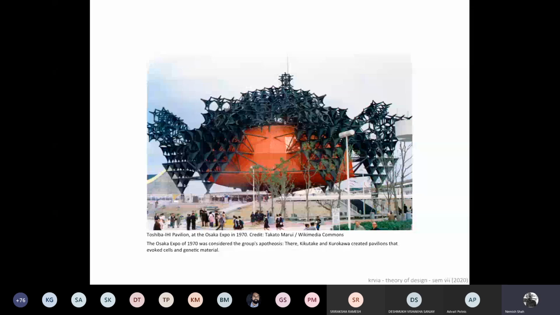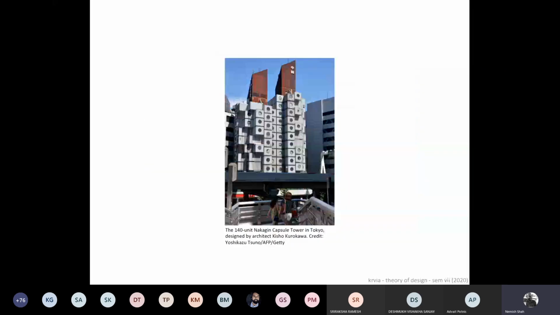The DNA was discovered just before this exhibition, and they took the idea of the helical structure of the DNA and used that in this expo actually. This is one of the most famous metabolist buildings in the world, the Nakagin Capsule Tower by Kisho Kurokawa. And this is a poster for his work.